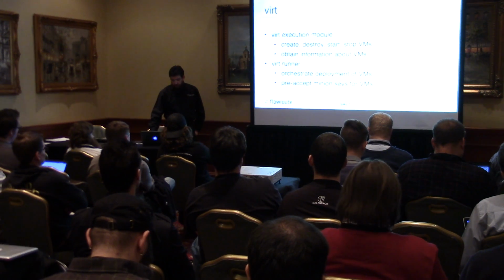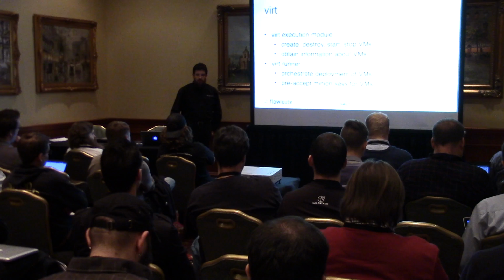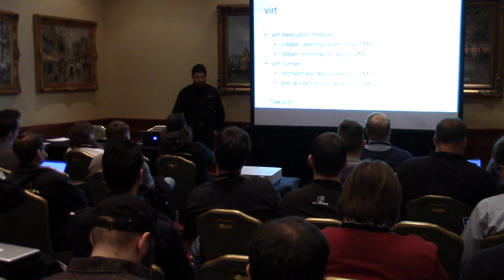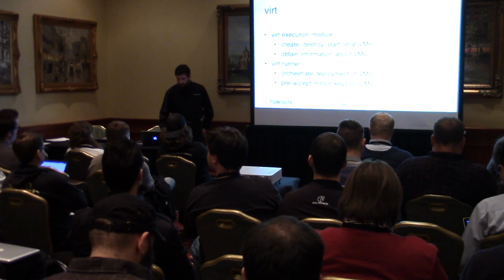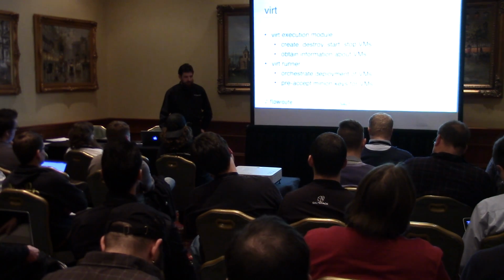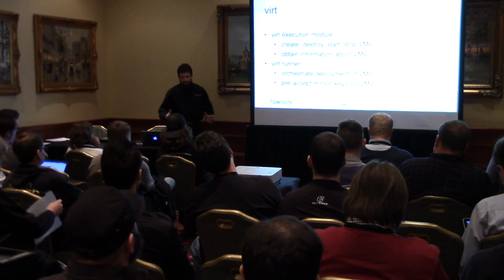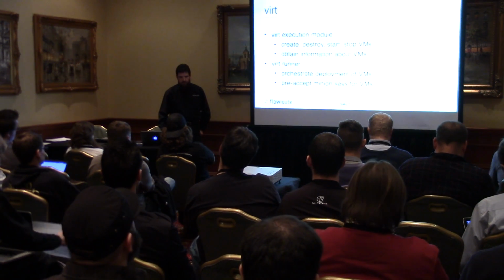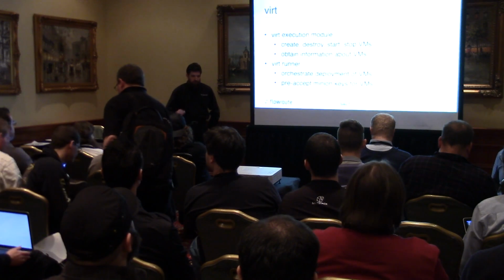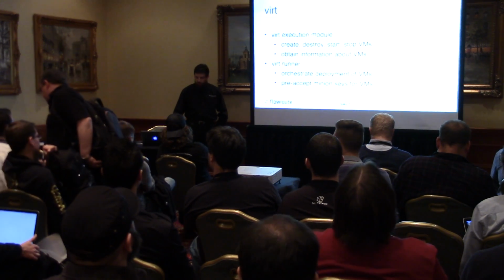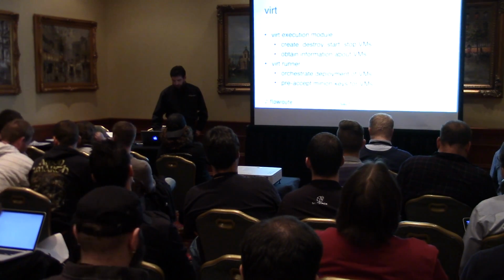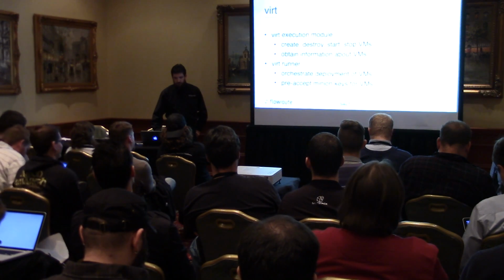In addition to the execution module is a Virt Runner, which is really the interface that you'll primarily use to work with Virt. It lets you orchestrate deployment of VMs. For example, it will find the least loaded host on your VM host machines to deploy to if you don't specify which host you want to deploy a virtual machine to. Without the Virt Runner, you would not be able to pre-accept minion keys for your VMs.